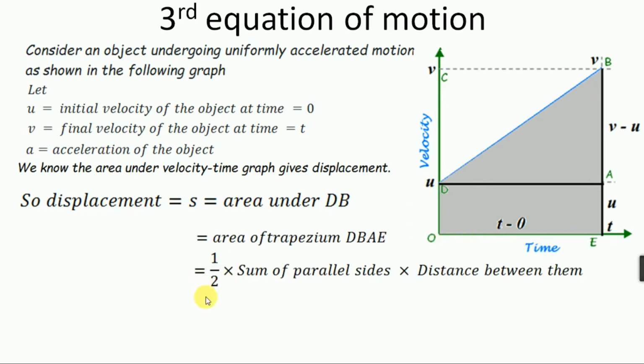The formula for the area of a trapezium is half into the sum of parallel sides, these two sides are the parallel sides, into the distance between them. The sum of the parallel sides: this is u and this is v, so u plus v. The distance between them is this distance DA, which is time.